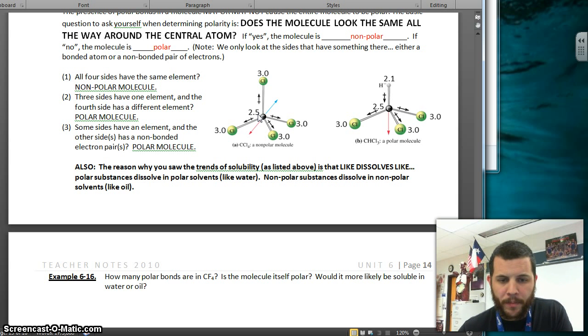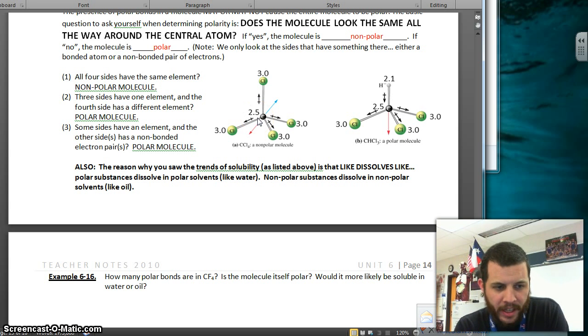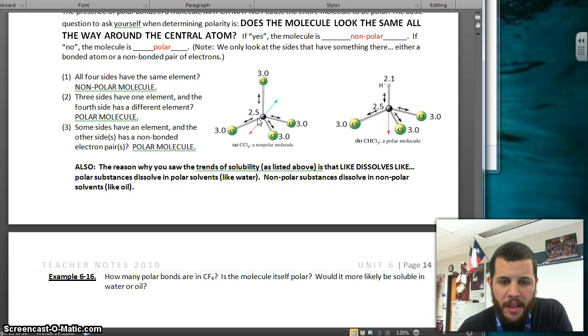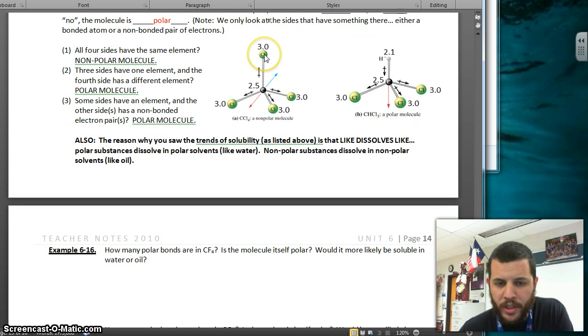Now, when we look at the molecule as a whole, we've got chlorine, chlorine, chlorine, chlorine around the central atom. Since all four things are the exact same, this would be an example of a nonpolar molecule. Now in this other one over here, we switch out a chlorine for a hydrogen.